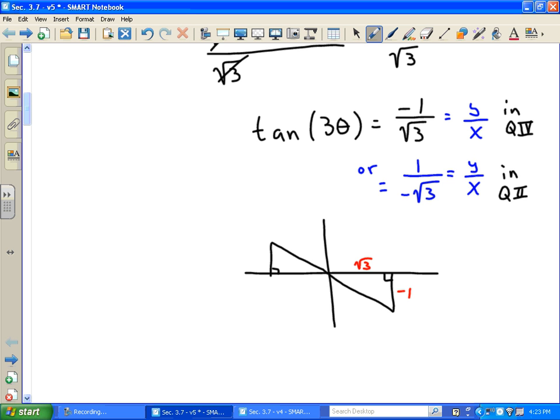This forces a reference angle of 30 degrees, and it forces the hypotenuse to be 2. Same thing in quadrant 2: the y value is positive 1, the x value is negative square root of 3. The r value is forced to be 2, and the reference angle would be 30 degrees.